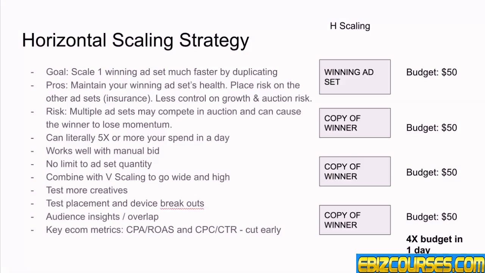Now, there are pros and cons of breaking that out, but when you are going horizontally, what I prefer to do is break out Facebook and Instagram into two separate ad sets, but keep the single ad set with Facebook and Instagram running at the same time, and see what kind of performance you get, control those budgets on the platforms that are working well for you, and maybe start to play around a lot more with the creative as well.